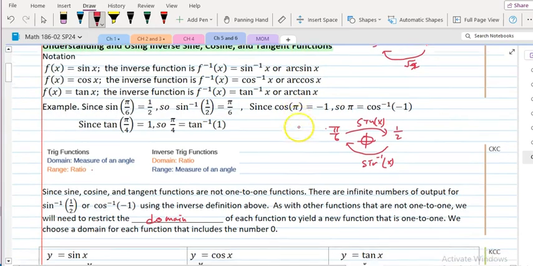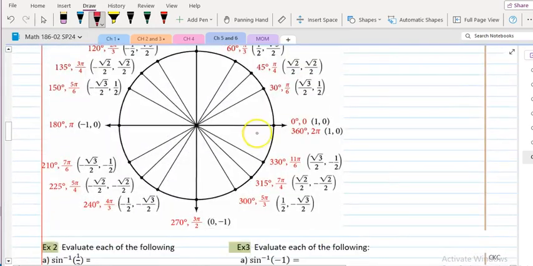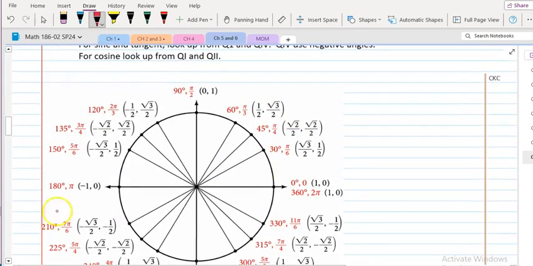So for example, another one: my input is pi for cosine, so pi is here, cosine is -1. So over here I say cosine pi is equal to -1. Well, how do I write my inverse? I will say my inverse is cosine inverse of -1.